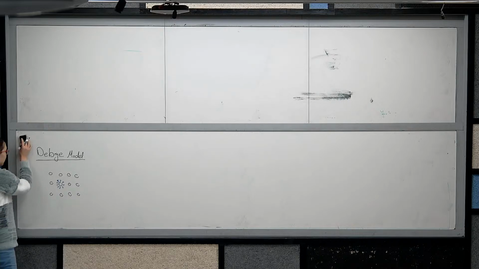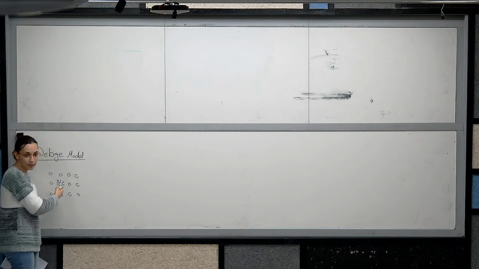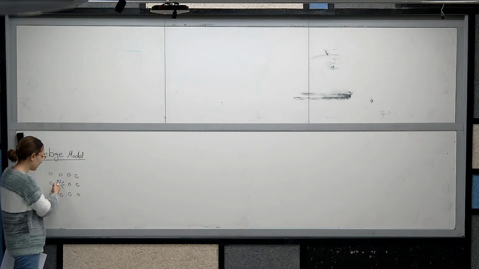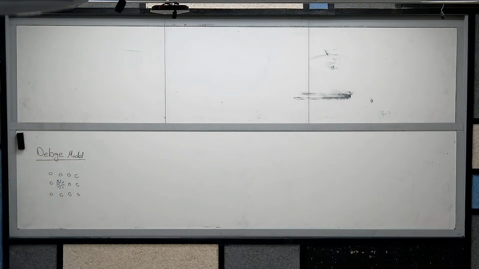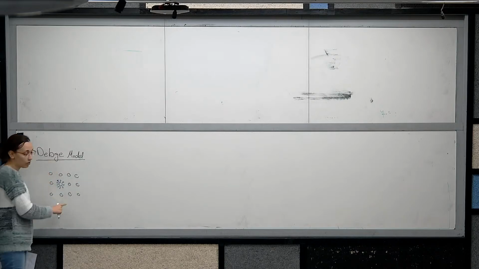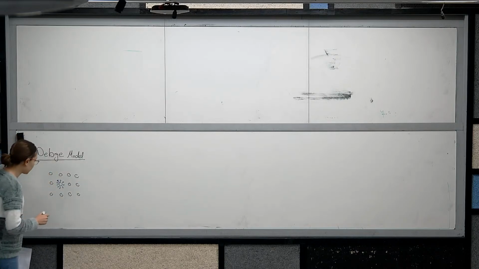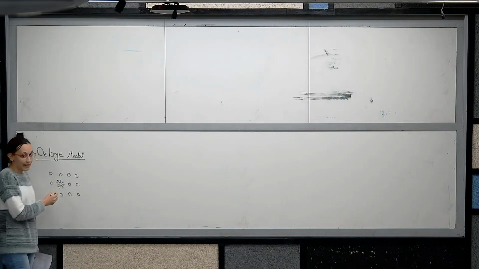So the model says that the motion of the atoms is complicated, so instead of looking at each atom, let's look at the whole lattice and look at waves in the lattice.